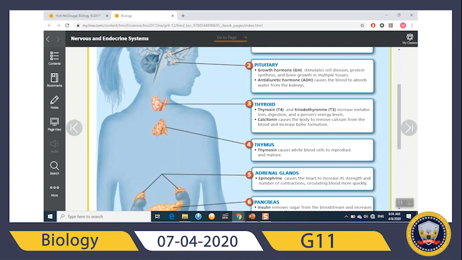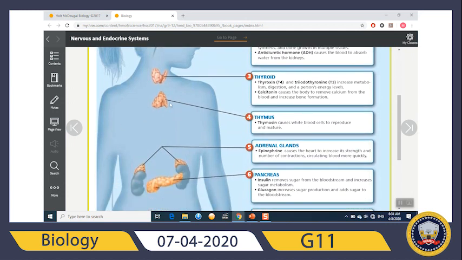Calcitonin causes the body to remove calcium from the blood and increase bone formation. Calcitonin is the hormone that removes calcium from the bloodstream and stores it in bone tissue.